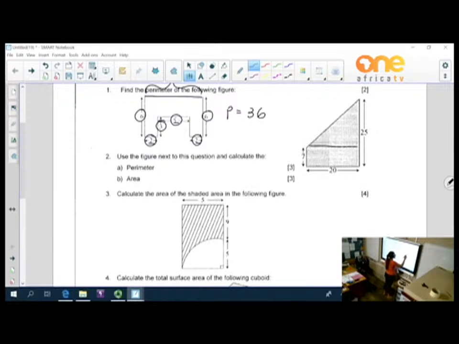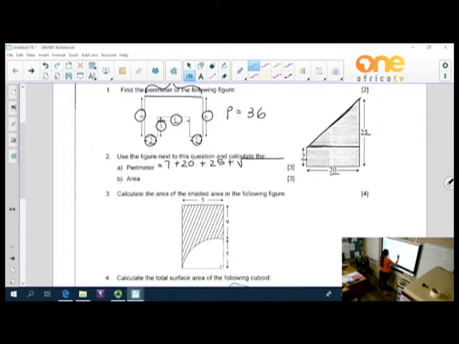We will have to make this a triangle, and then we can calculate the triangle and the rectangle for A and for B. So the perimeter will be 7 plus 20 plus 25. That's all the numbers that we have here. And then we need to find this side to get the perimeter, so we will add that as well.